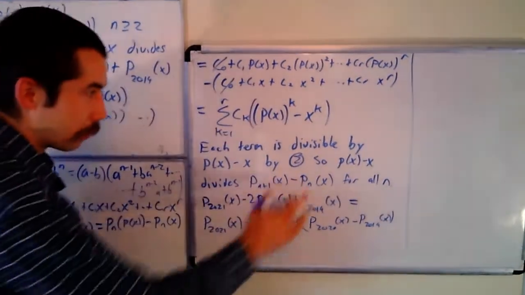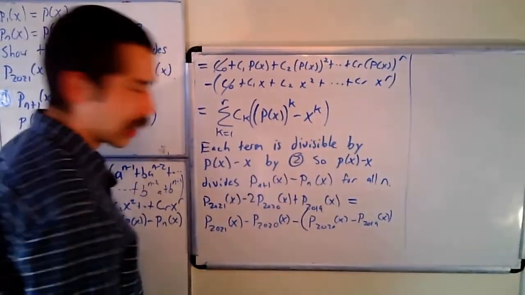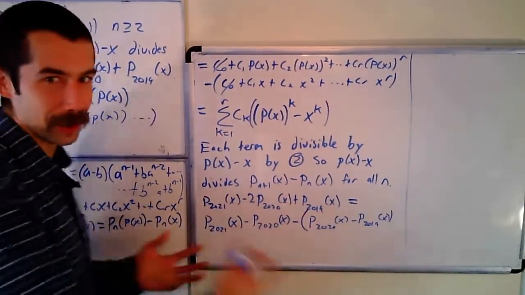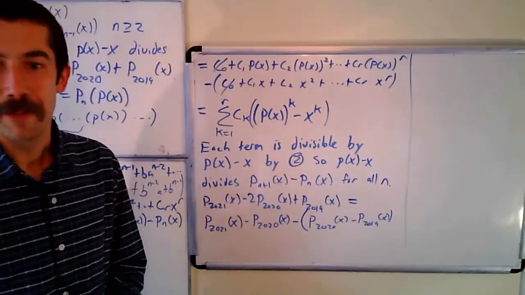Okay, so p of x minus x divides each of these terms, so p of x minus x divides the whole polynomial. And that's it.